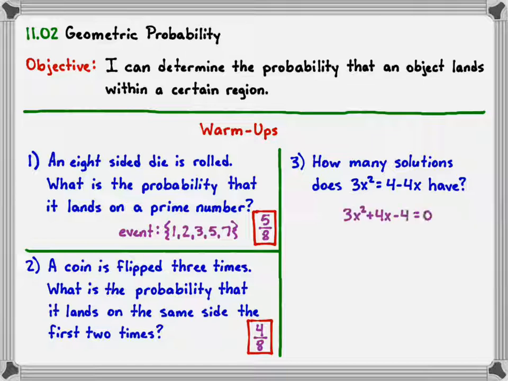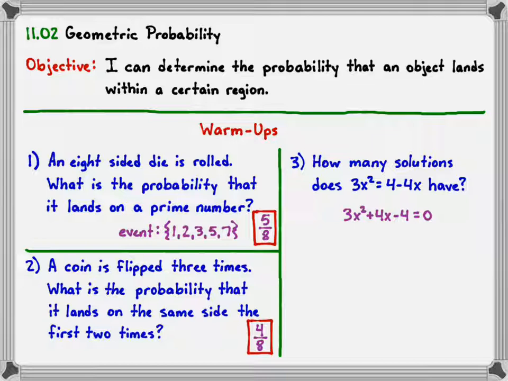Remember, the discriminant is the thing that's inside the radical of the quadratic formula. If the discriminant is positive, then you get 2 real solutions, because you can take the square root of a positive number in the real set of numbers. If the discriminant is 0, then we get 1 real solution, because the square root of 0 is only 1 distinct answer.